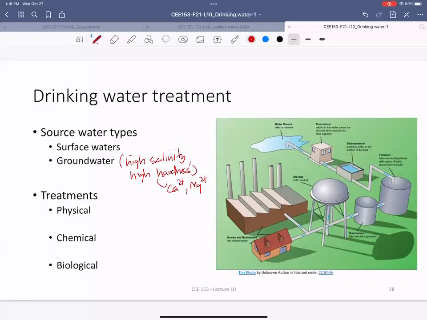Normally you don't find this in LA because LA water is surface water, so it's not typically very hard. So it's not a problem here. But if you go back to your home, which has mostly groundwater, it might be an issue.